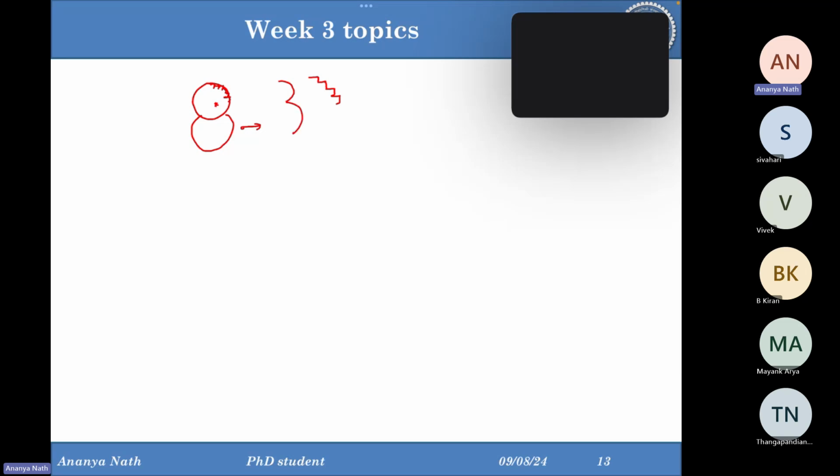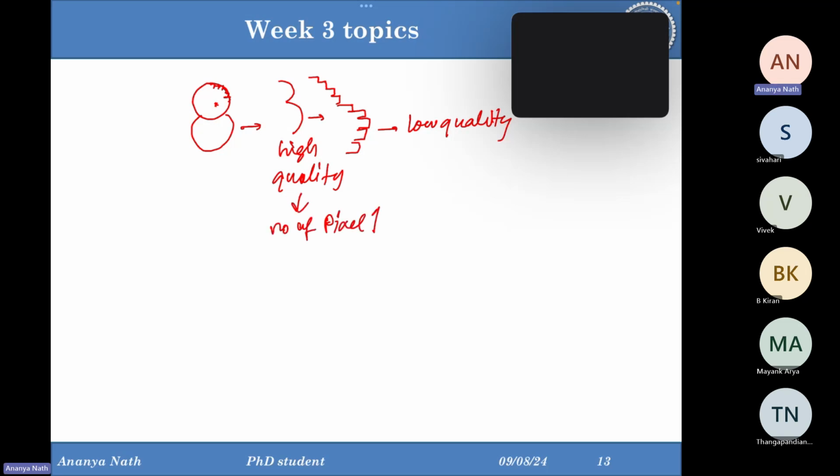But if you have very low quality pixels, like bigger pixels, then you'll get the object quality like this at the end. This is low quality, obviously, and this is a high quality object, because here the number of pixels was high, and here the number of pixels was low. So this is how the pixels work.